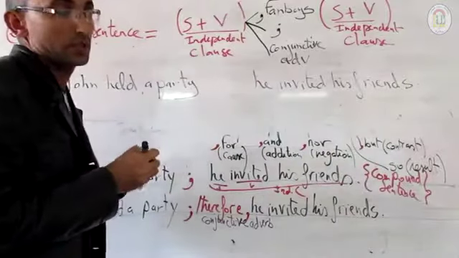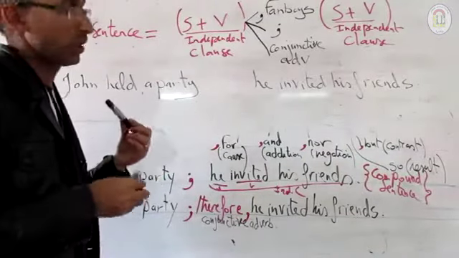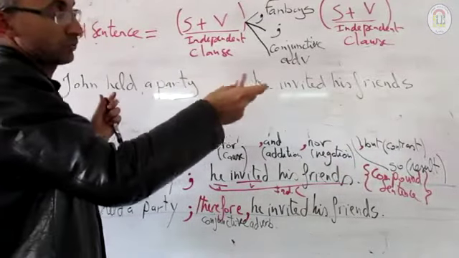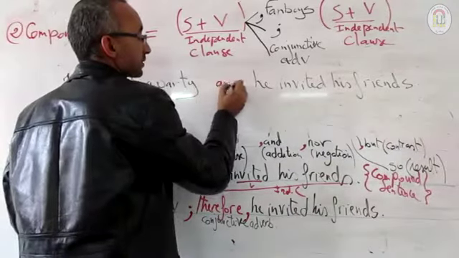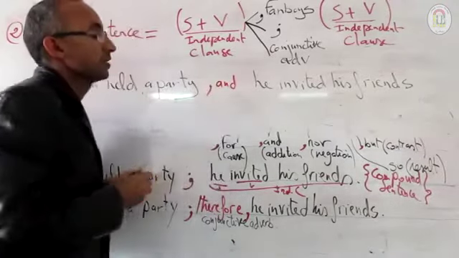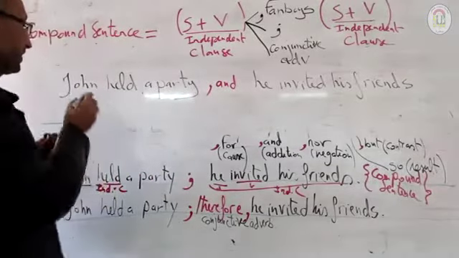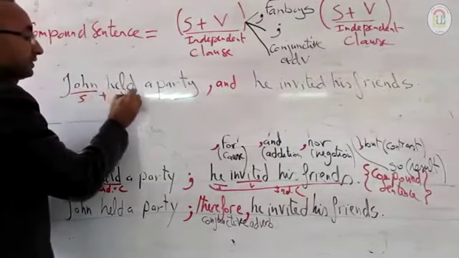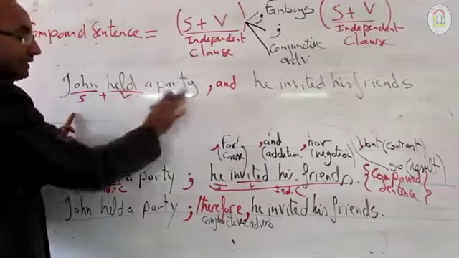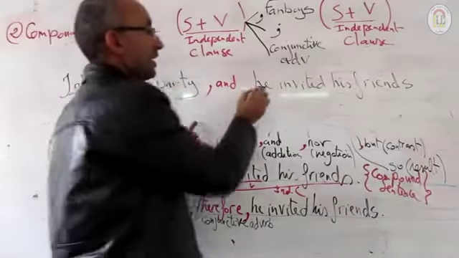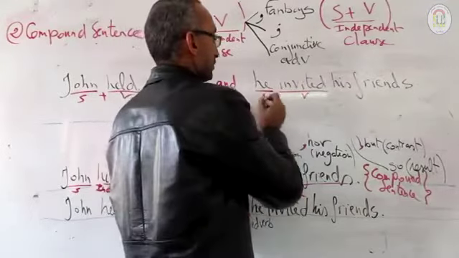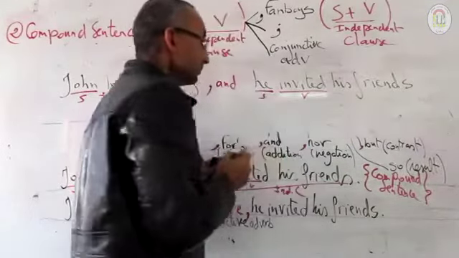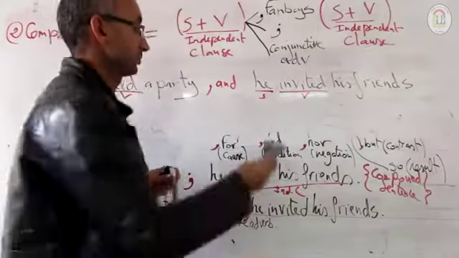So we said the first way to join the two clauses to form our compound sentence is by using one of the fanboys preceded by a comma. Now, here we have S plus V. Meaningful, it's independent, it's a clause. S plus V. It's meaningful, it's independent.